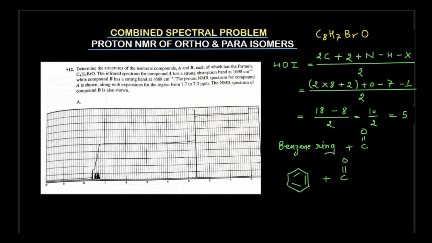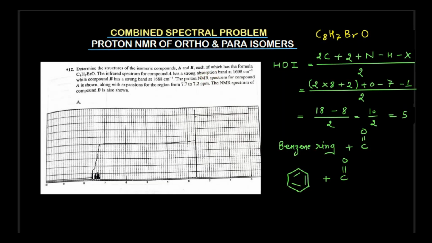And of course it is the carbonyl group. In this particular question, the information from the IR spectrum is more important to solve it. First of all, it is showing two very strong absorptions. Strong absorption means a polar group is present, and that polar group is the carbonyl group.